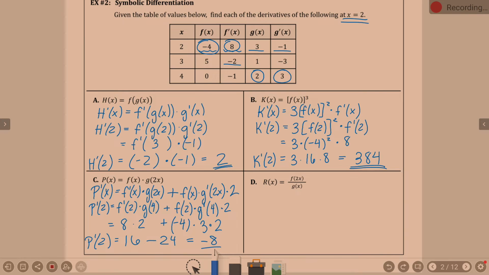So, there's a nice variety here, guys, because now what do we get to do on D? Quotient rule. Unless if you really wanted to, you could bring g of x up to the negative 1 power, but then you'd have product rule with chain rule in both pieces, and I don't think it makes it any easier in this case. So, r prime of x. Now, this one it matters, right? When you do that first pair, it's derivative of the top, keep the bottom.